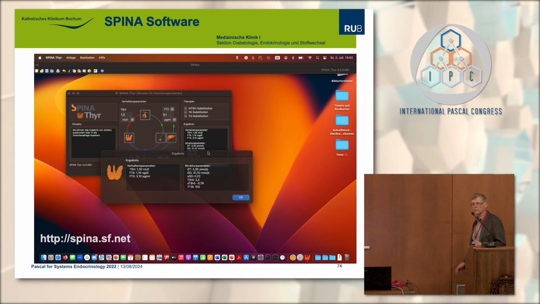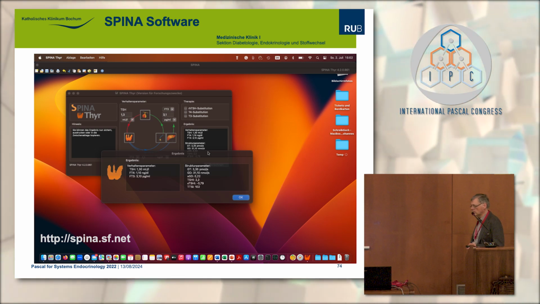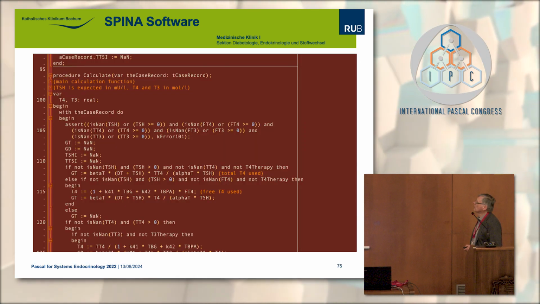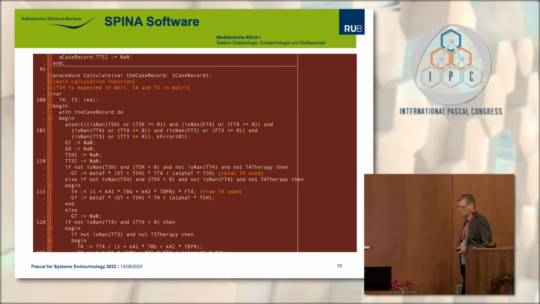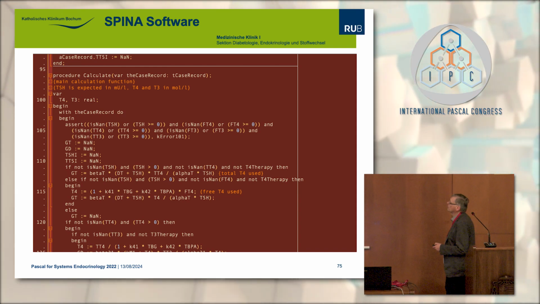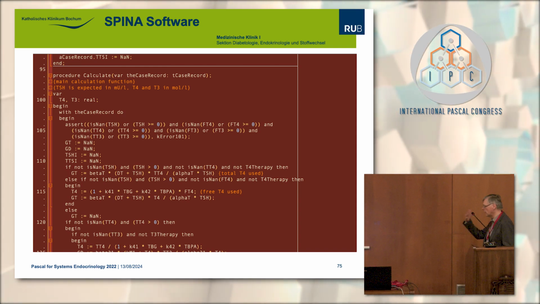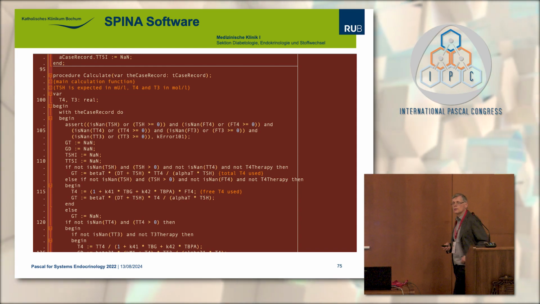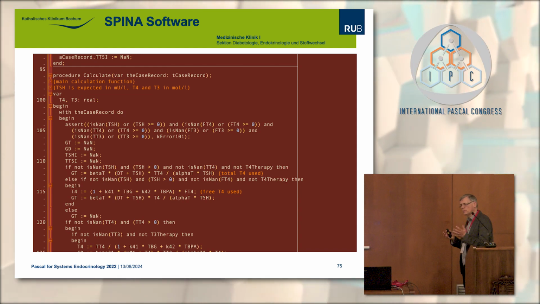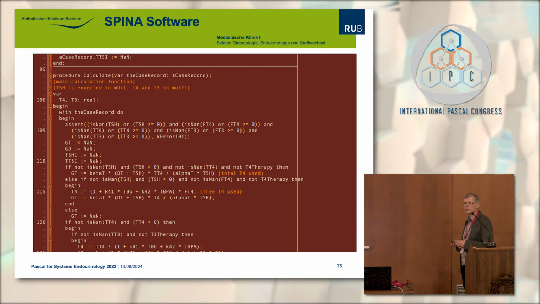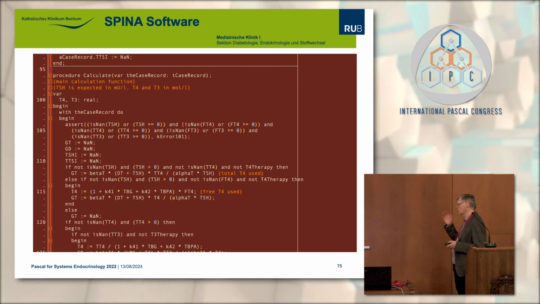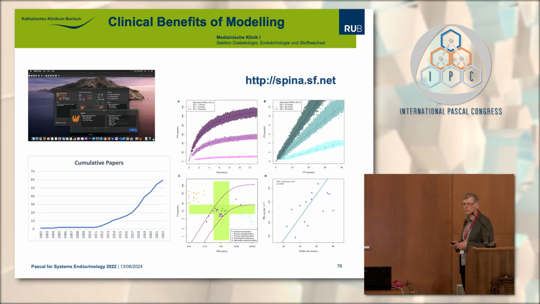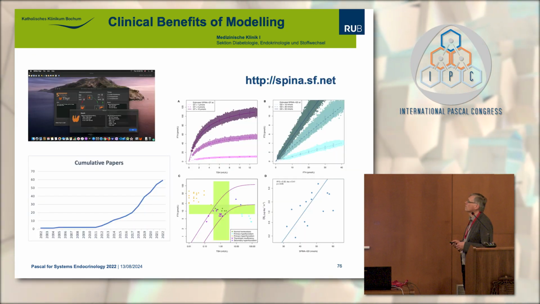It's very easy to use this software in clinical practice. Of course, it is written in Pascal, and the difficulty doesn't lie in the calculation, but in the many combinations which can be used for free and total hormones and several units of measurement and so on, which have to be addressed.